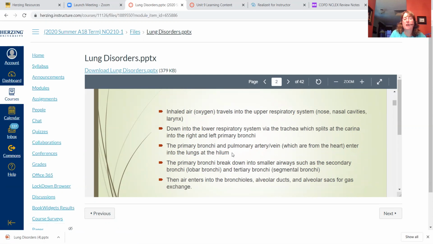The primary bronchi and primary pulmonary artery and vein, which are from the heart, enter into the lungs at the hilum. And the primary bronchi break down into smaller airways that are secondary bronchi and tertiary bronchi. Then air enters into the bronchioles, alveolar ducts, and alveolar sacs for gas exchange.